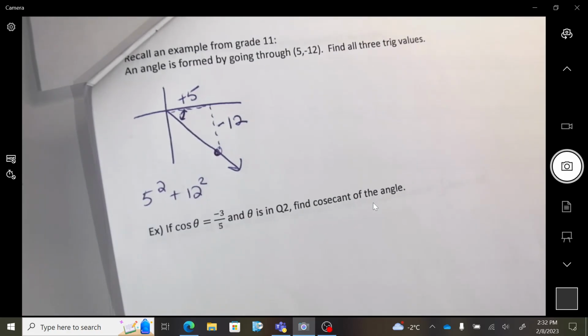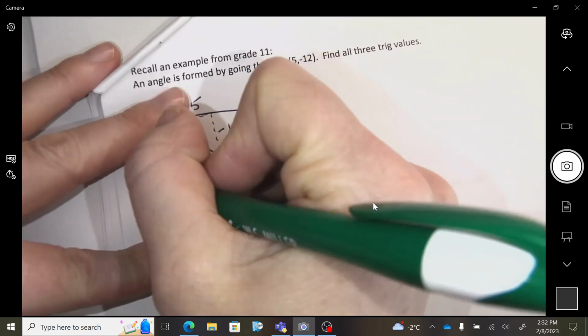Did you notice how I didn't write a -12? Does it square root nicely or not? It is 13 units, so that's yes. If it doesn't square root nicely, you actually have to leave it as a square root number.